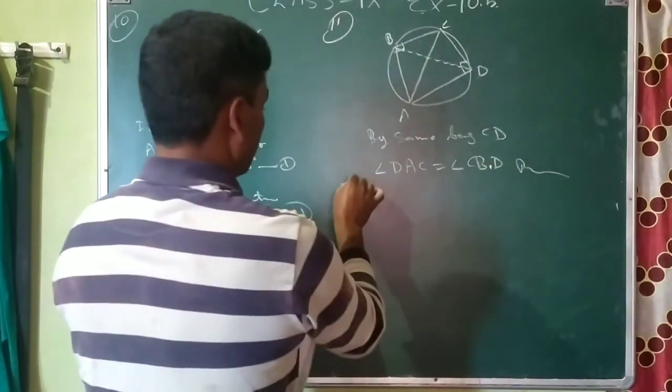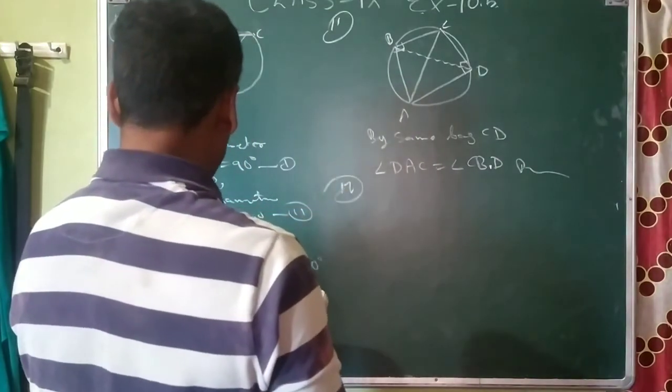Proved. 12th question: prove that a cyclic parallelogram is a rectangle.